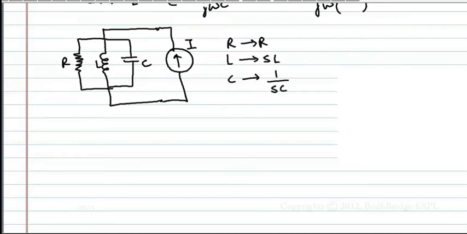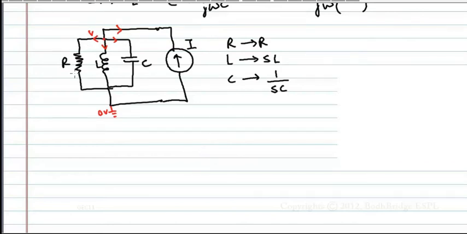Let us call this voltage V at this point, and this be ground, 0 volt. Applying KCL, the sum of all the leaving currents is equal to 0.